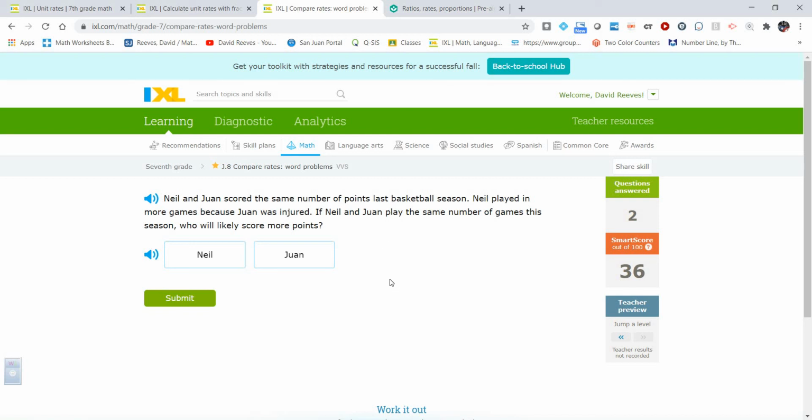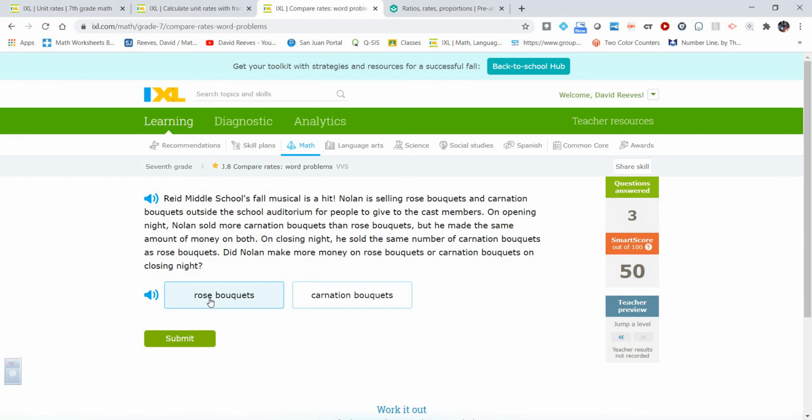That means Juan had to score more points per game, right? Again, they scored the same amount. Let's say they each scored 10, all right? But if Neil played in 2 games, he scored 5 points per game, right? If Juan played in 4 games, he scored 2.5 points per game. So, since Neil played more games, Juan scores more per game.